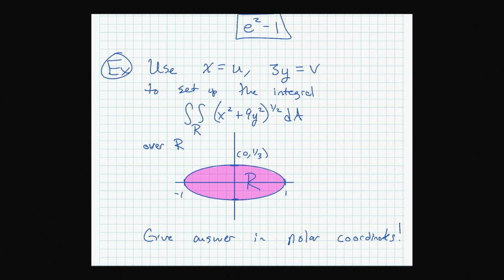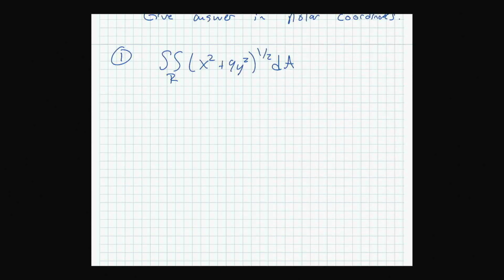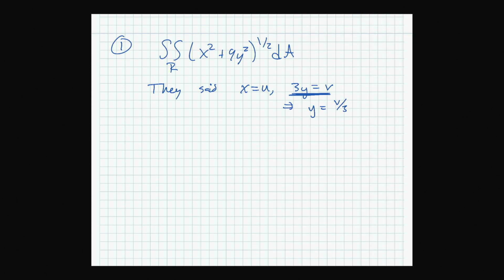They said x equals u, 3y equals v. You can substitute that into your integral pretty easily. The second one, just move the 3 over, would say y equals v over 3.